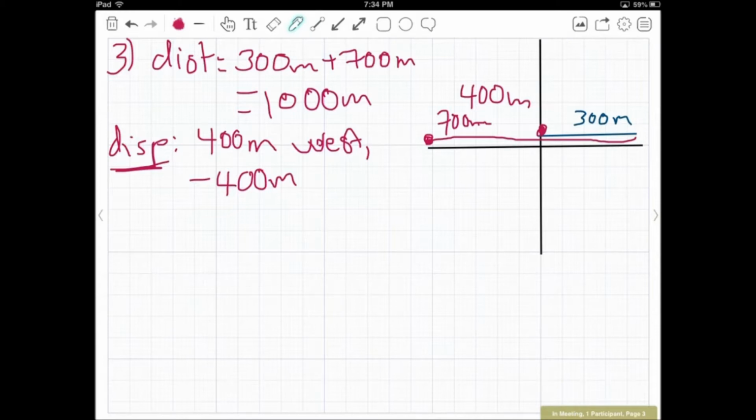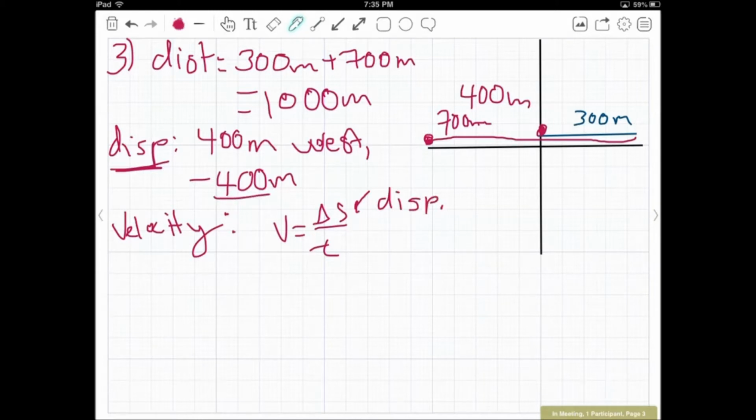Lastly, it says calculate the velocity of this man. In order to do this, I'm going to use my velocity equation, which says velocity is equal to delta s over t. Delta s is displacement. So I'm going to take my displacement right here and plug it into my equation, negative 400. Now for the time values, you're going to see it gives you two time values in the problem.